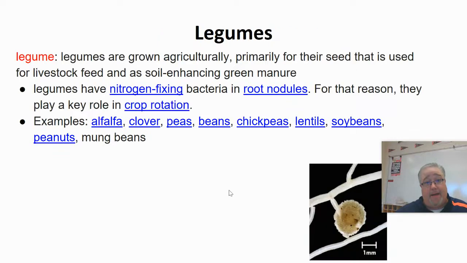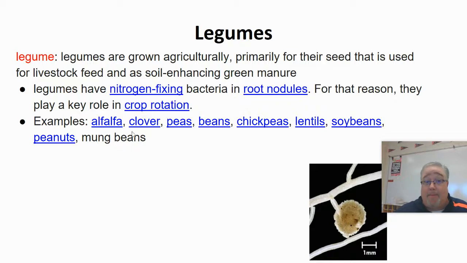All right, I'm going to stop the video. Actually, I'm going to go on one more slide here. These plants that I was talking about earlier in the first step of nitrogen fixation, these are called legumes. Legumes are basically plants that have a high amount of soil bacteria near their roots. And they're found in these little things called root nodules, which is what you're seeing in this little picture here.